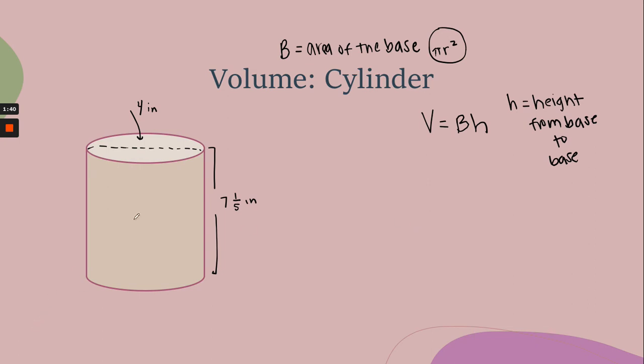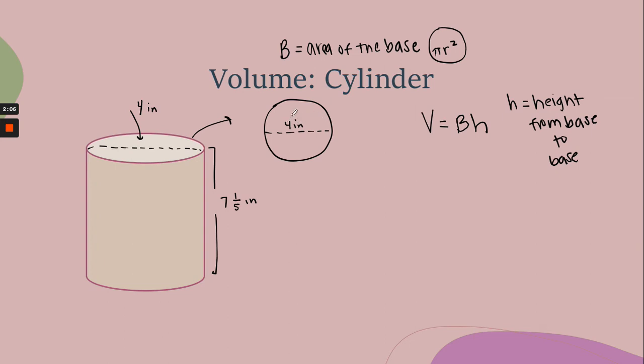What I tell my students is take that base and draw it out. So here's my base. First, what does this 4 represent? Well, from one edge of the circle to the other, this represents the diameter.